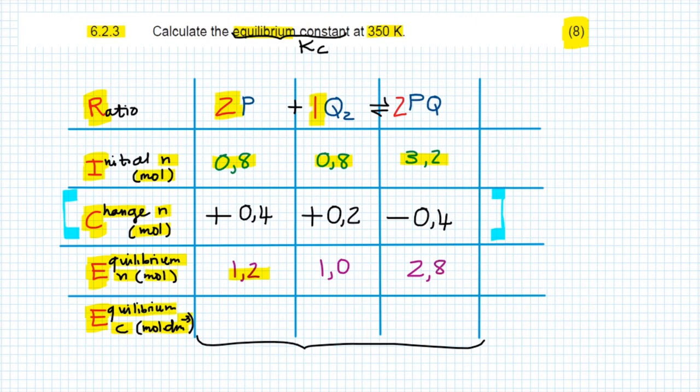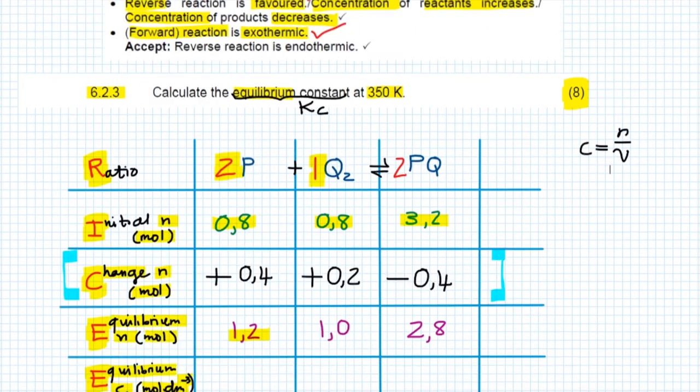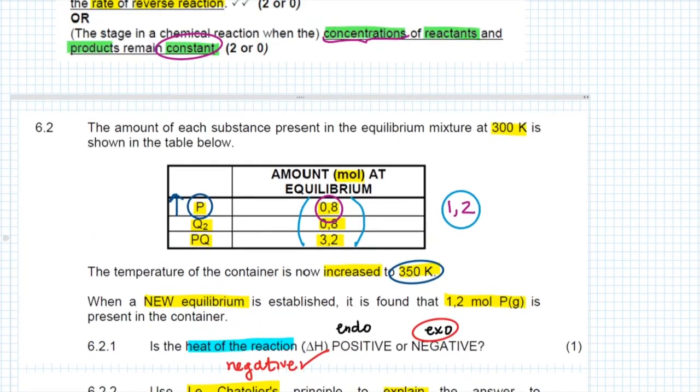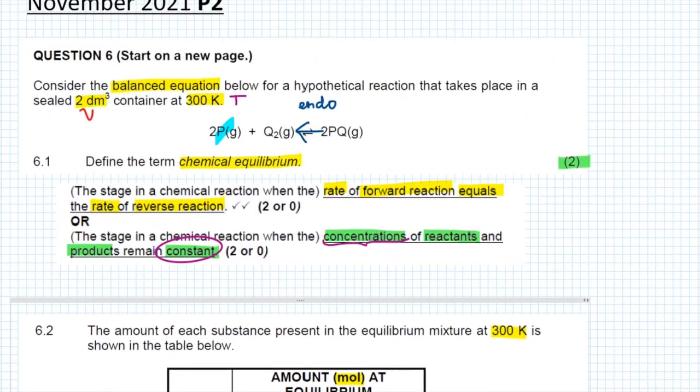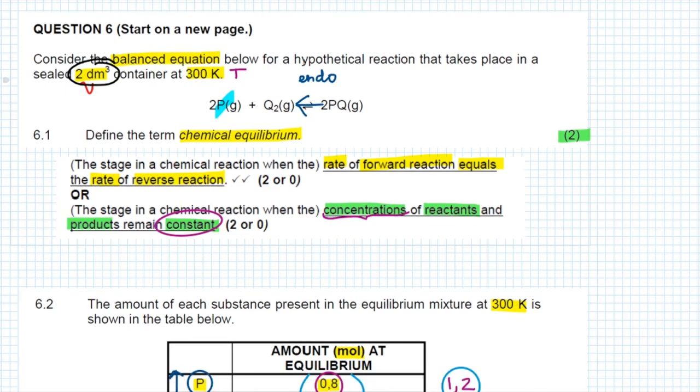Now, in order to calculate concentration, we go to the table in the formula sheet, and we find on our formula sheet that concentration is equal to number of moles divided by volume. We were given the volume of the container being used right at the start of this problem. They said we are using a 2 decimetre cubed container.